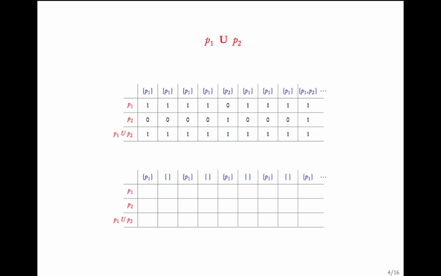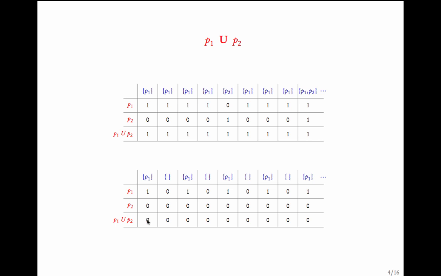Let us do the same on some other word. Here P2 never occurs. So the entry corresponding to P2 is always 0. P1 is 1 here. 0, 1, 0, 1, 0, 1 and so on. What about P1 until P2? Since P2 never becomes 1, P1 until P2 would always be 0.